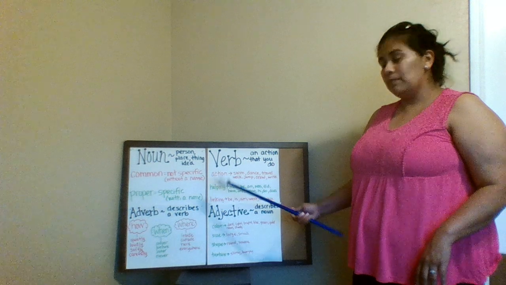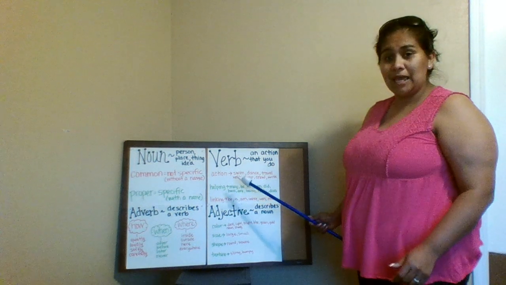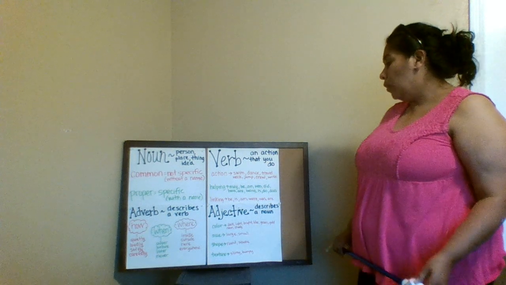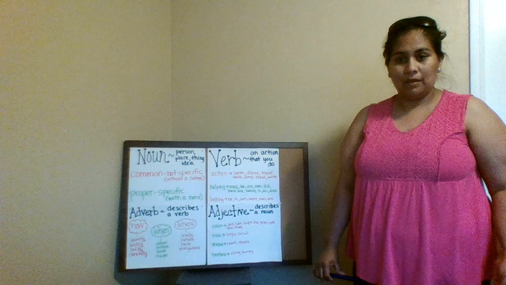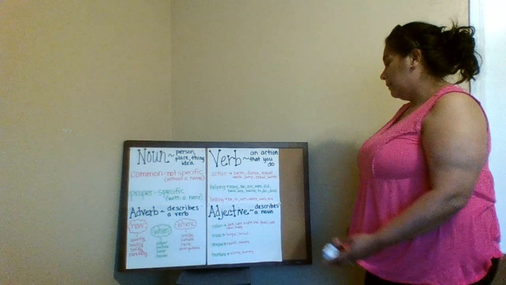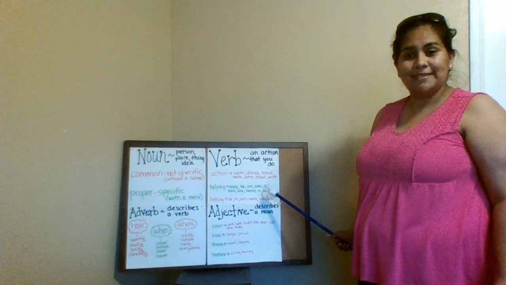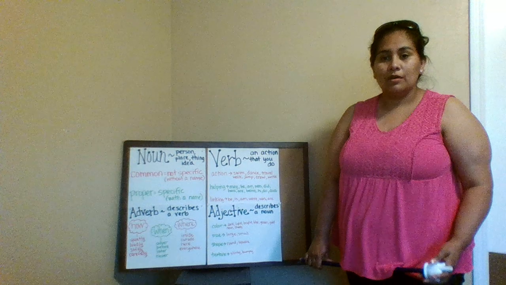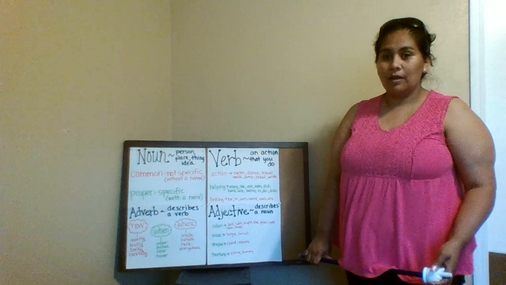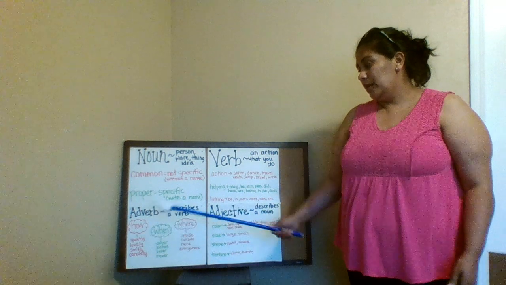And then we learned it could be a helping verb, such as may, be, am, was, did. And then we also learned that a verb can be a linking verb, meaning words like be, is, am, were, was, and are. Some of those are not words we would typically think of as verbs, but in reality, they are verbs.